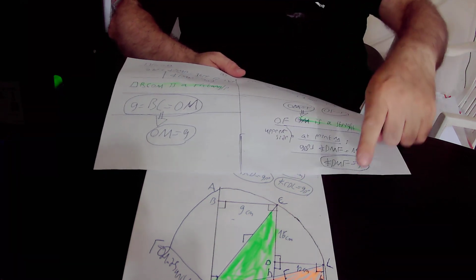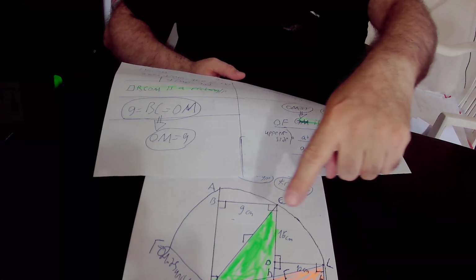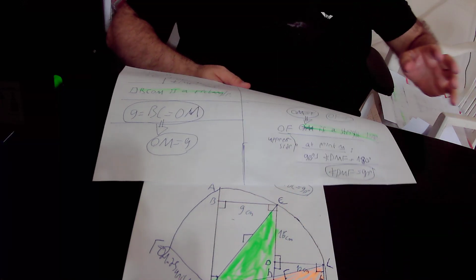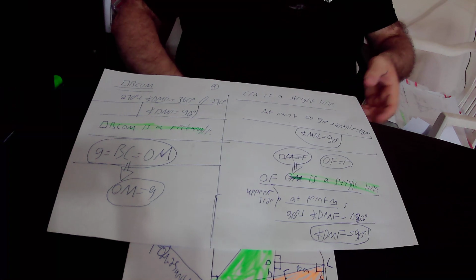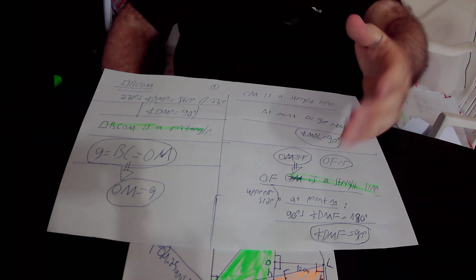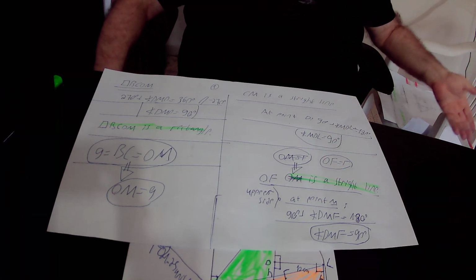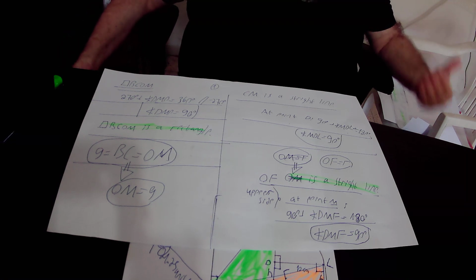Then we focused on the radius OF. OF is the radius of the quarter circle, and it is absolutely a straight line.